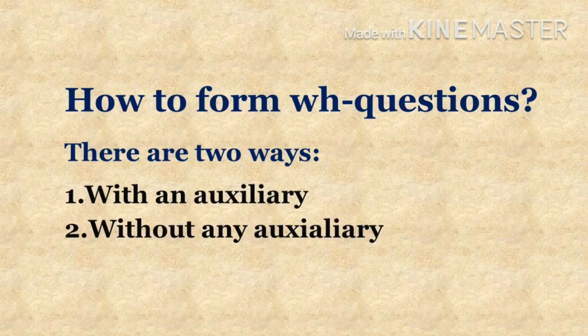The next thing would be how to form a WH question. There are 2 ways to form a WH question. Number 1 is with an auxiliary. Number 2, without any auxiliary.